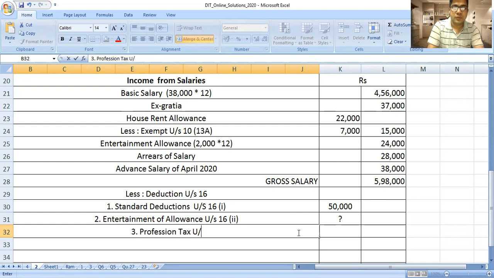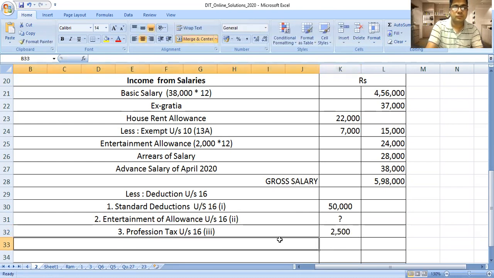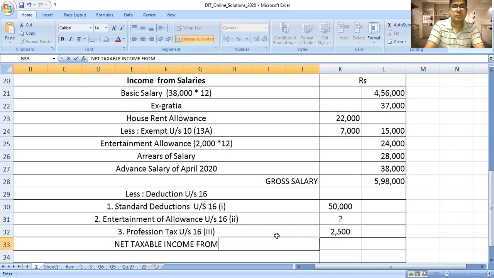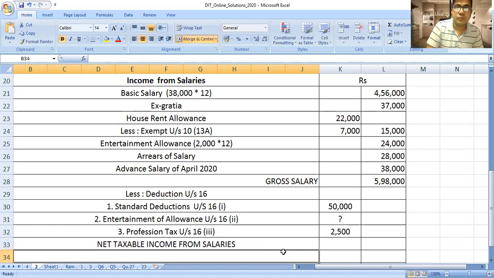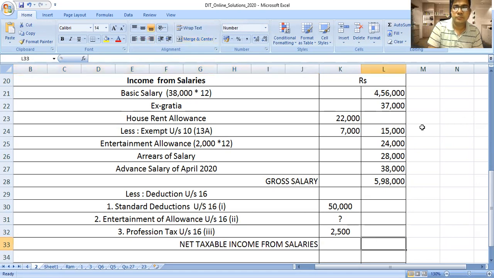Anyone can guess how much will be the entertainment allowance deduction? Any idea? Who will give the answer?